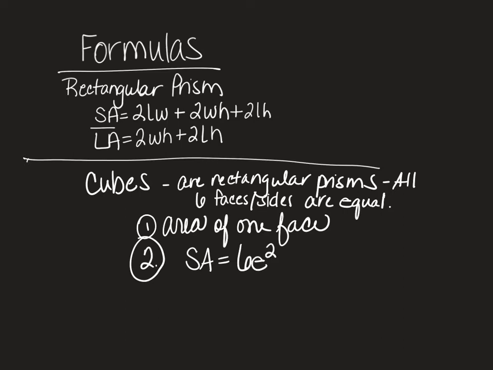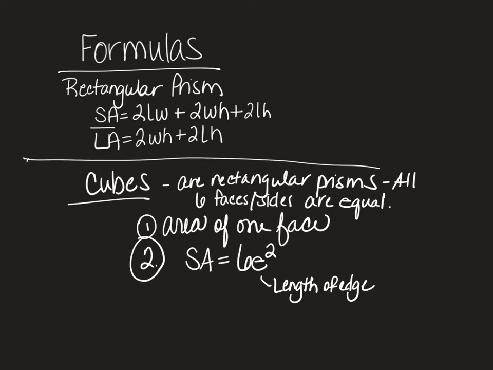And I'll explain that. Okay, E stands for the length of the edge. That's what that stands for, actually. Length, L-E-N-G-T-H, of the edge. Okay? Surface area of a cube is SA equals 6 times E squared.